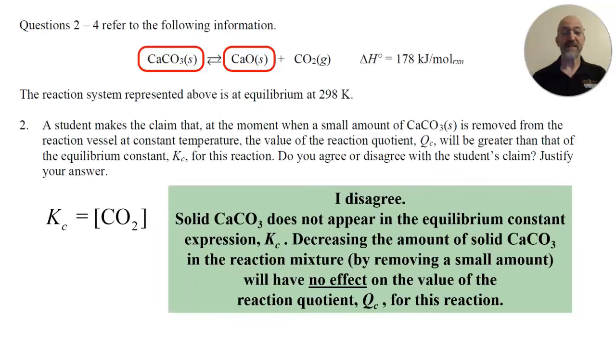So as a result, decreasing the amount of solid calcium carbonate in the reaction mixture by removing a small amount will have no effect on the value of the reaction quotient Q for this reaction. So the message here is that adding or removing a small amount of a solid has no effect on the value of the reaction quotient Q.